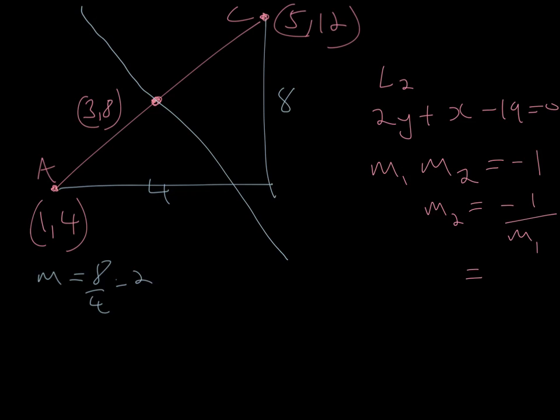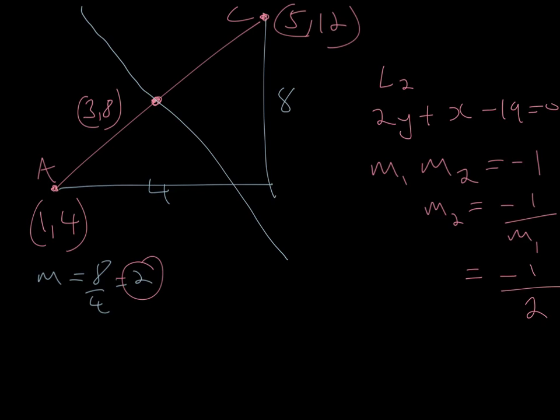So we have established over here that the gradient is 2. So the gradient on the second line, which we're trying to find out here, must be equal to -1 over 2. So we know now that the gradient of this line is going to be -1/2.